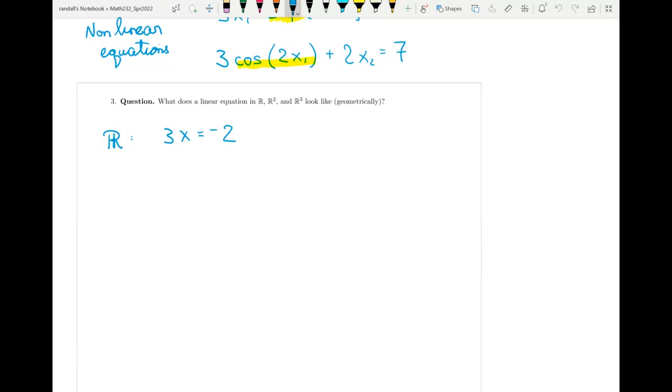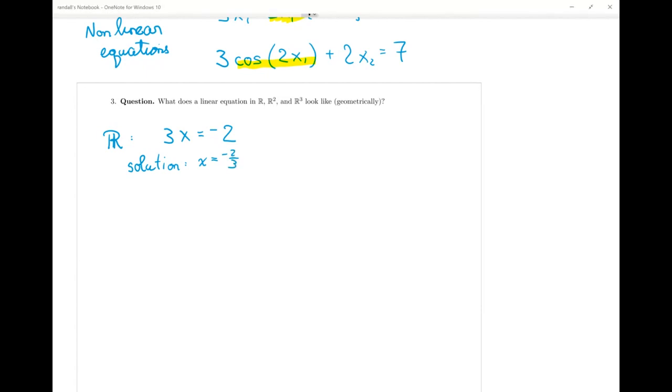Now you recognize this equation. What we're interested in, as we'll talk about in this section, is the solution. And you can see what the solution is: x equals minus 2/3. So when we say what does it look like geometrically, we mean what does the solution look like?